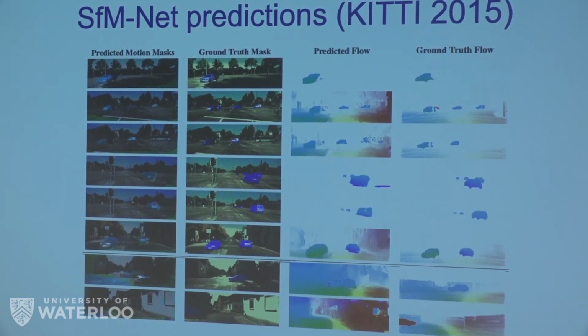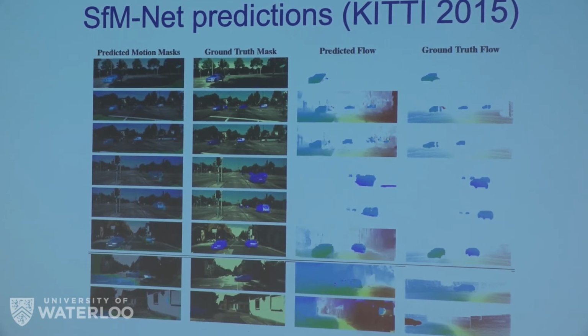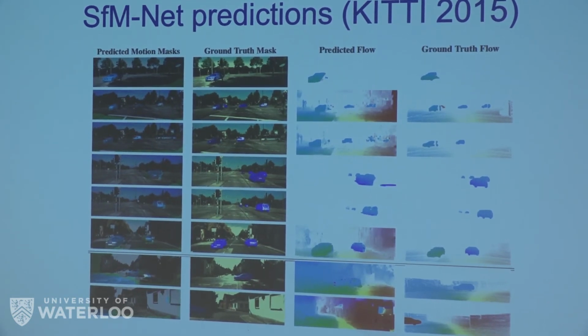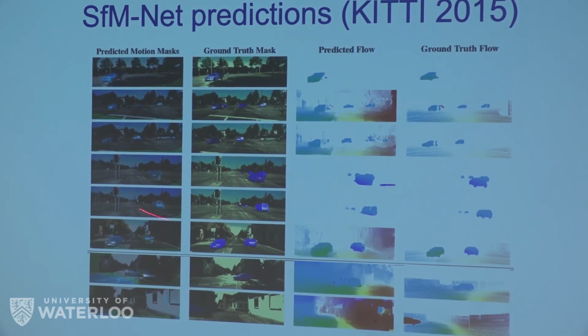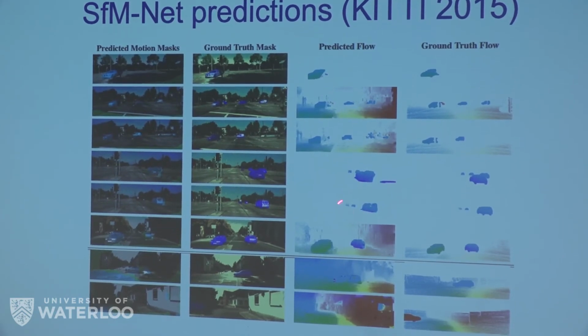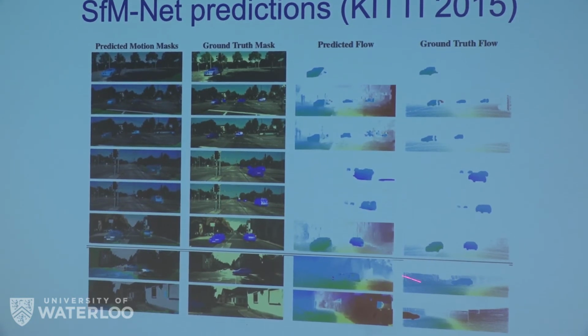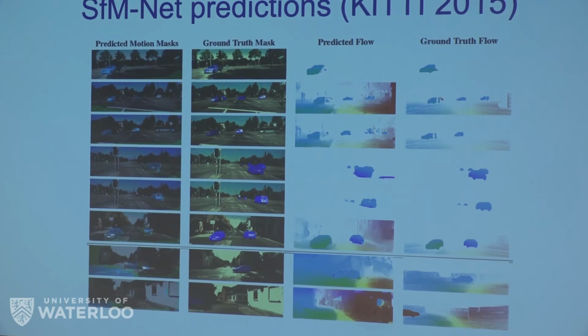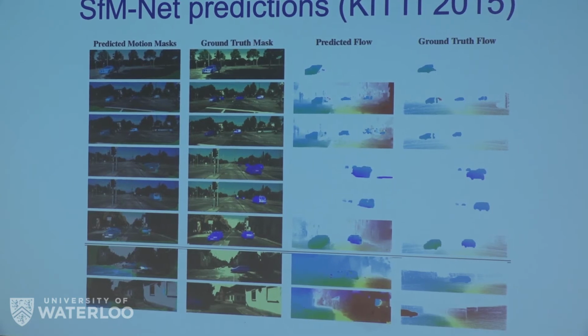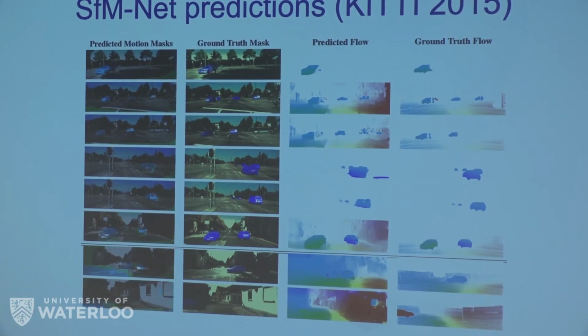In those scenes, cars or vehicles are the main things that are moving, so that's what they're hoping to recognize. You can see that it's doing quite well on those. And we've got here the predicted flow as well as the ground truth flow. At the bottom, we've got two examples where it did not perform well, where there are major problems. So this technique is not perfect, but it gives you a sense of how well it works in general.